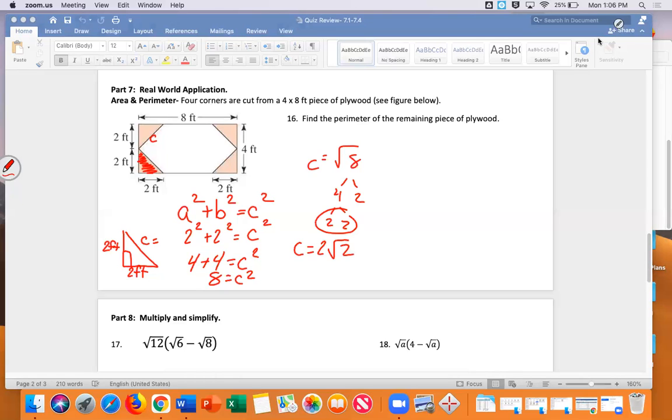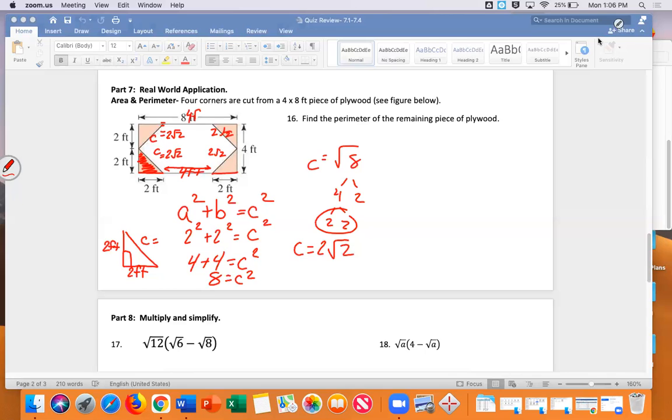Now, Mark, I have 4 sides here that are 2 root 2. Do you see that? I have 4 sides. But I have to figure out, Mark, how long is this piece right here? This is 2. This is 2. Very good, Mark. That's 4.